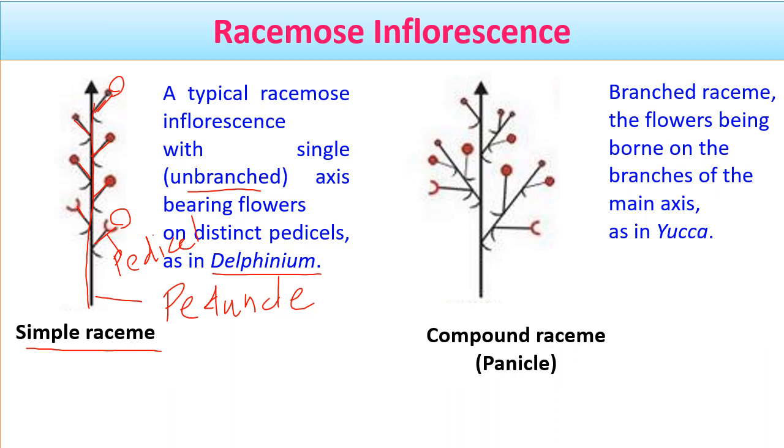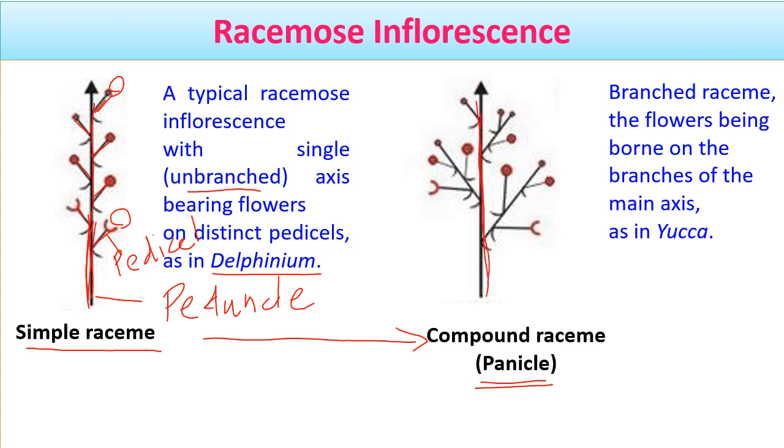And here see what the difference is between simple and compound raceme. The compound raceme is also called the panicle type of inflorescence. See what the difference is. Here the axis of inflorescence is similarly present.